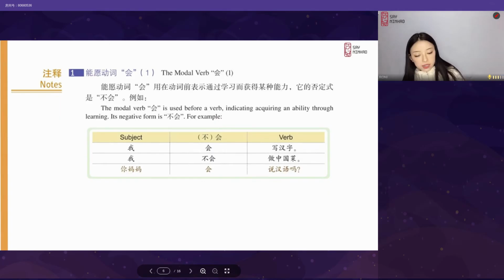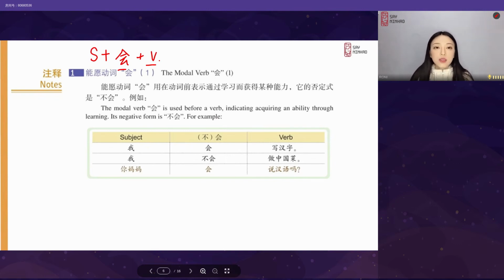The structure of 会 is the subject plus 会 plus a verb, right? 会 do something. And the negative form of it is to add a 不 before it. Okay, now let's see the examples.